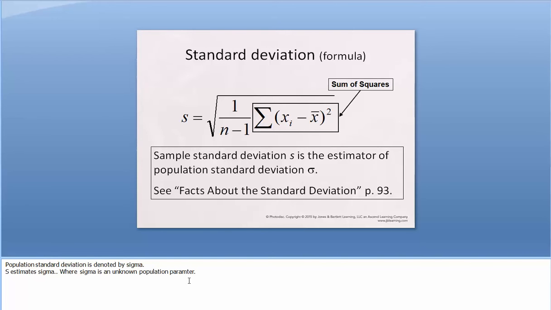So now we have learned two population parameters, mu and sigma, and they are being estimated by their sample counterparts, X bar, which is a sample mean, and S, which is a sample standard deviation. I'm talking a lot about this because X bar and S and mu and sigma are really very important.